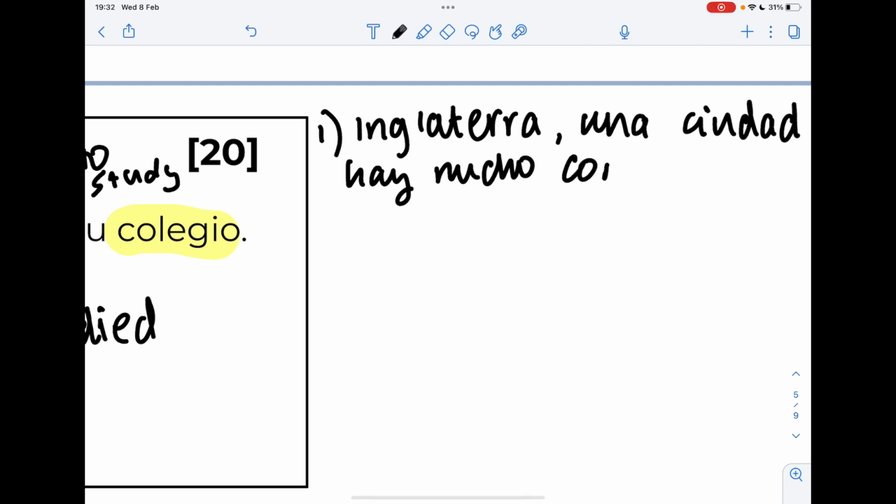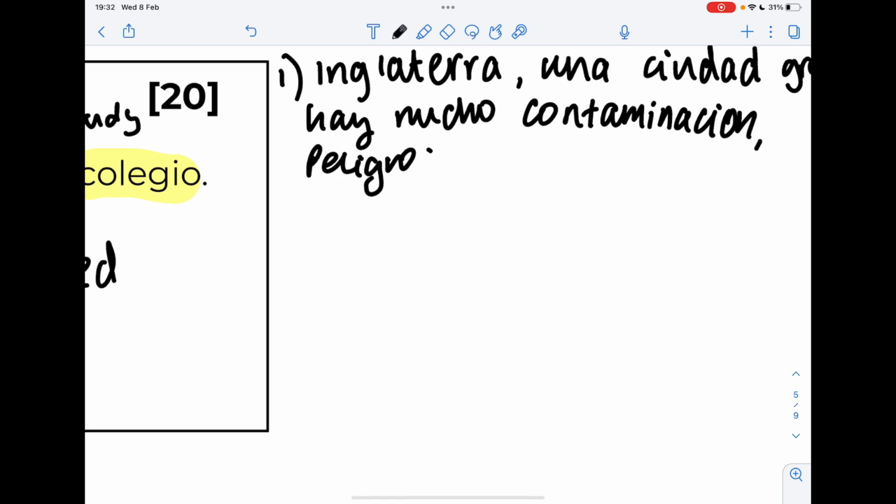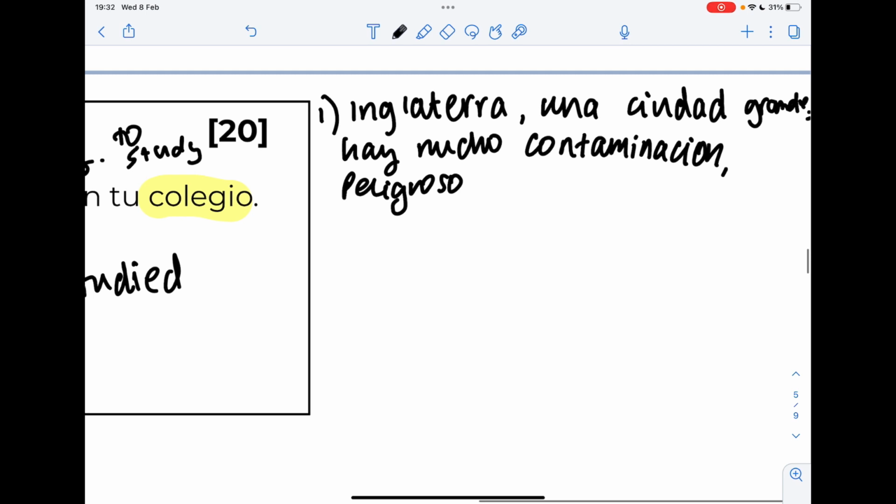Contaminación. And I can say it's peligroso. Just finding words to describe my city, basically. Again, I'm not talking about show-off phrases yet, as I call them, because I actually want to incorporate those in the actual writing piece. These are just my notes.